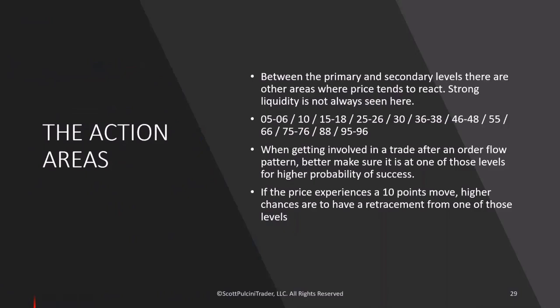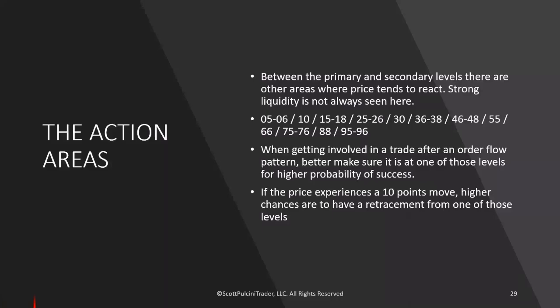All right. So the action areas. Between the primary and the secondary level, so the primary were the 50s and the round numbers, there are other areas where the price tends to react.